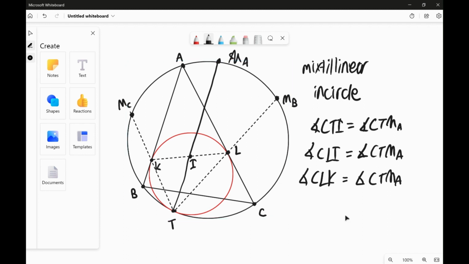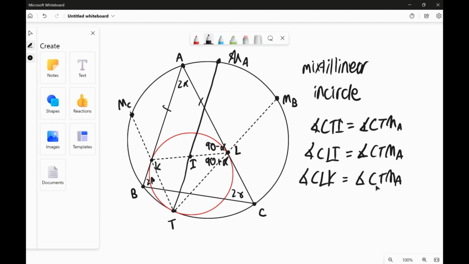Now we're going to go ahead and get a bit more technical here. This is going to be 2 alpha, 2 beta, and 2 gamma. Then this angle here is 90 minus alpha because these lengths are equal and we have an isosceles triangle. So this is 90 plus alpha.